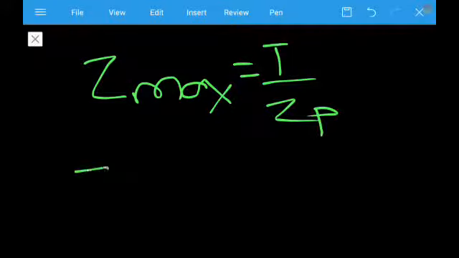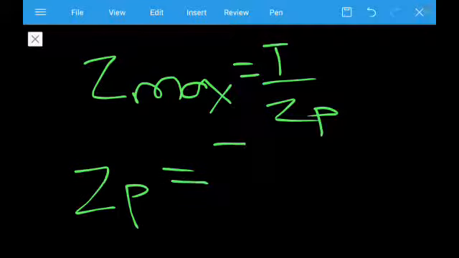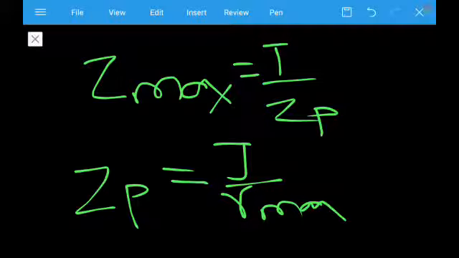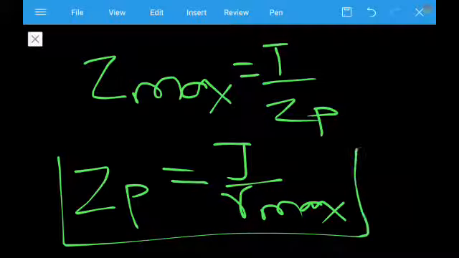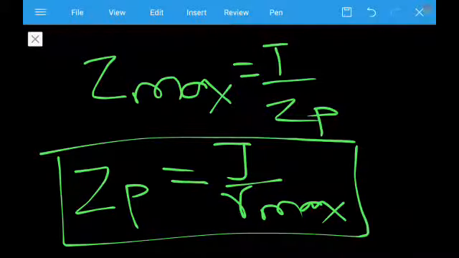What does this imply? That Zp is J upon r max, which is the torsional strength.